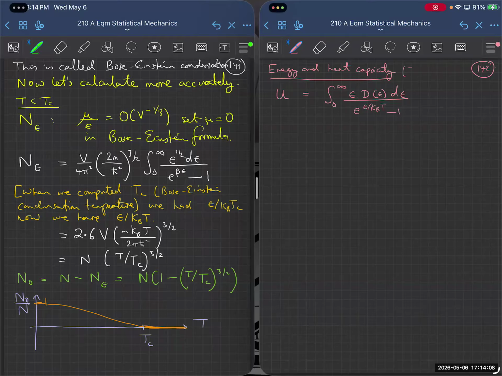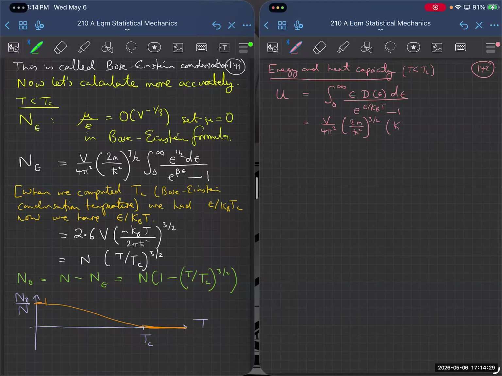This is below Tc. And that is V over 4 pi squared, 2m over h bar squared to the 3/2.